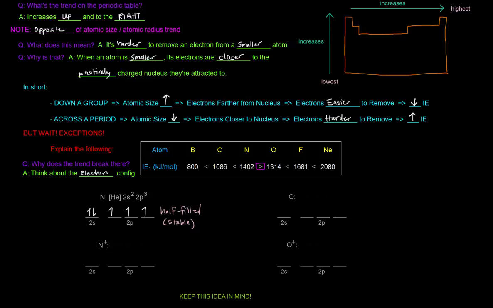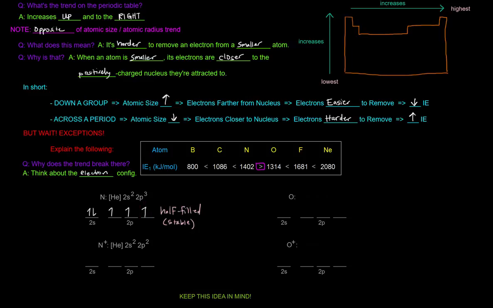Now, if the ionization energy reaction occurs, we rip off one of these electrons and form the cation N+, and we have a new electron configuration: 2s2, 2p2. So we're going to get rid of basically this electron right here.